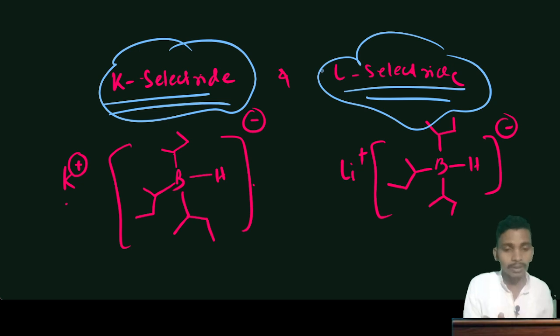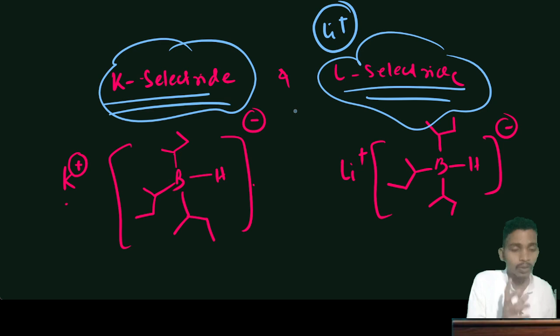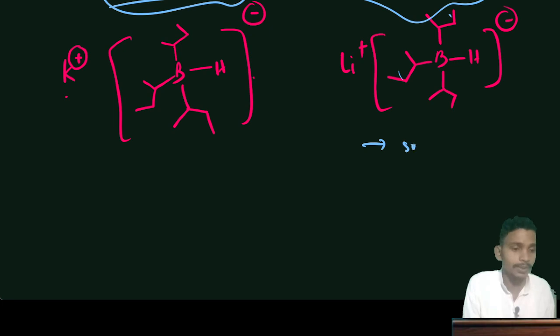Okay, so in both cases here Li plus, although this is a small atom because Li has plus, but due to these bulky groups it becomes a soft reagent. So this also becomes a soft reagent due to bulky groups.